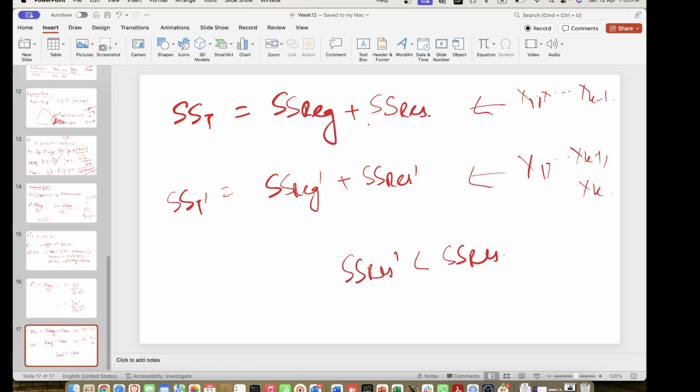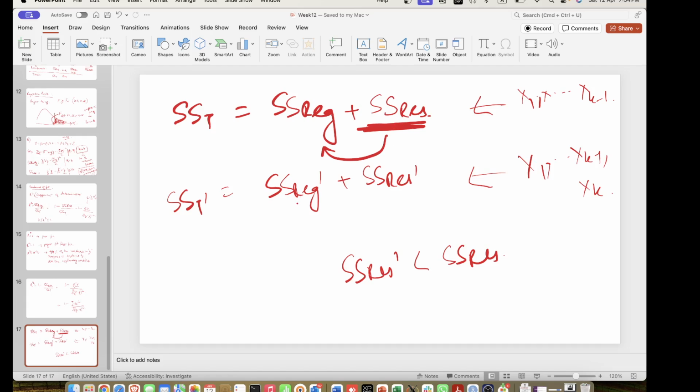I am taking some sum of squares from here and putting it there. So addition of another variable leads to further partitioning of the sum of squares due to residuals.